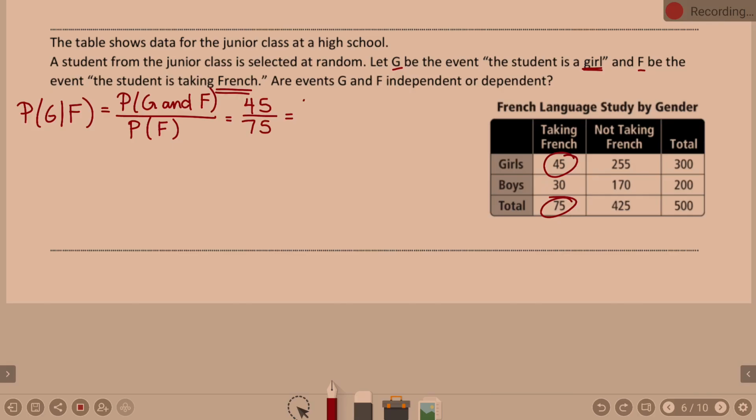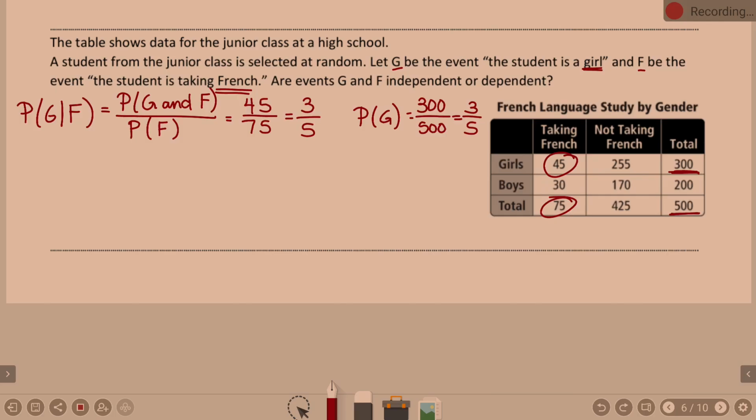Okay, so 3/5. What are we comparing that to? P(G), the probability the student is a girl. In this scenario, how many girls do we have? 300 girls out of 500. 300 out of 500 is definitely 3 out of 5.